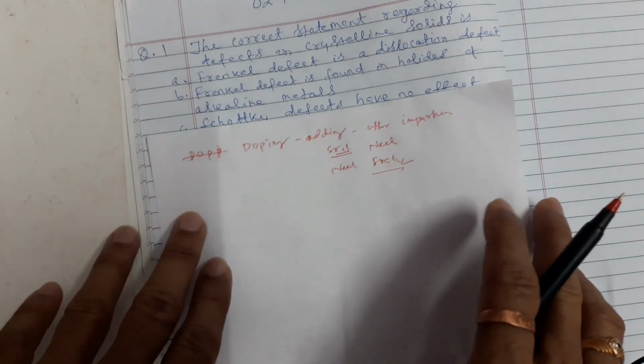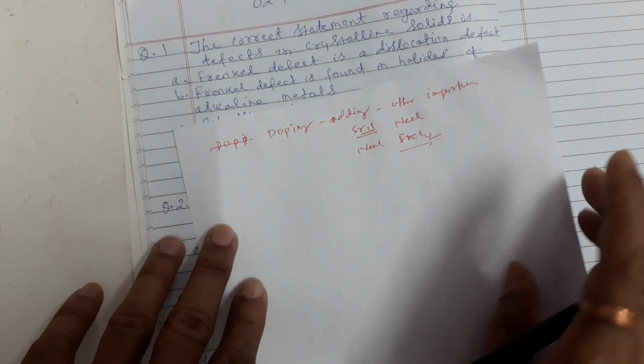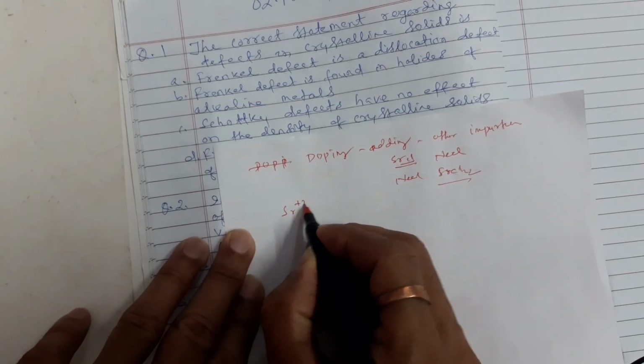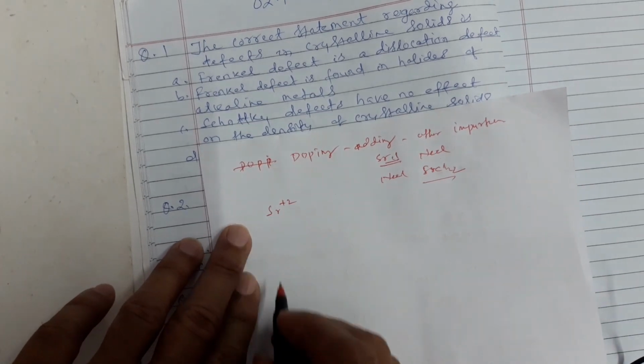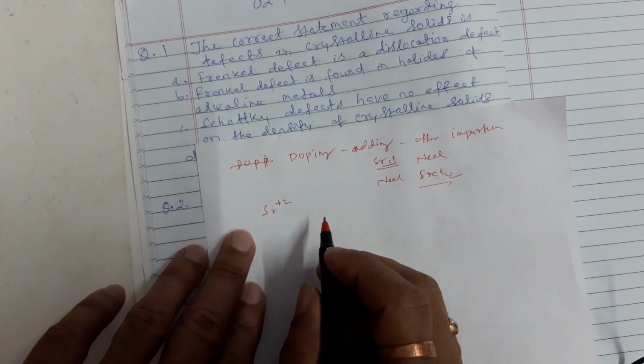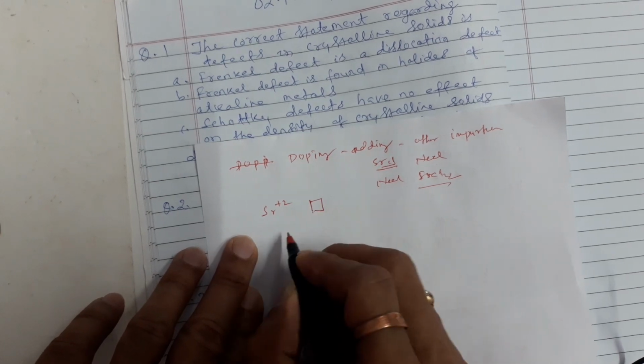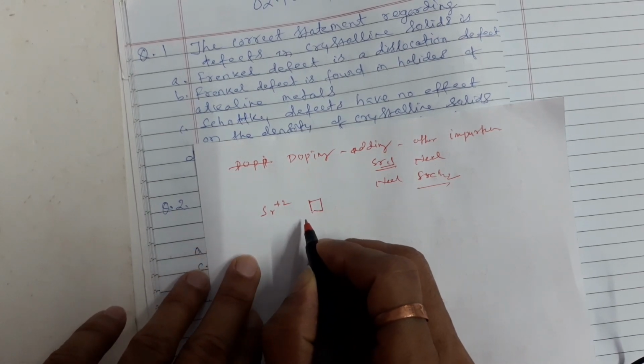So here, for each strontium ion introduced, one cation vacancy is created. One cation vacancy is created. Okay?